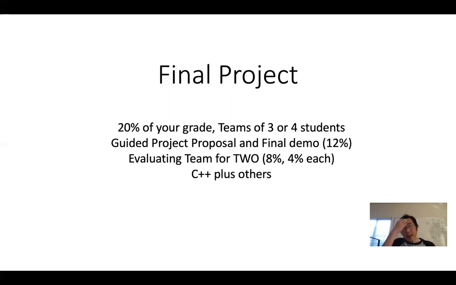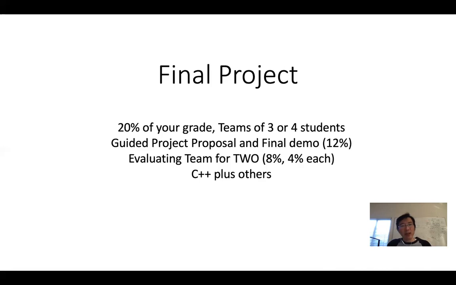Okay. And just to let you know, since this course is object-oriented programming and this course is C++, when you do your final project, at least a significant component of your work needs to be written in C++, which means that you can actually use C++ plus, say, Java or Python together.